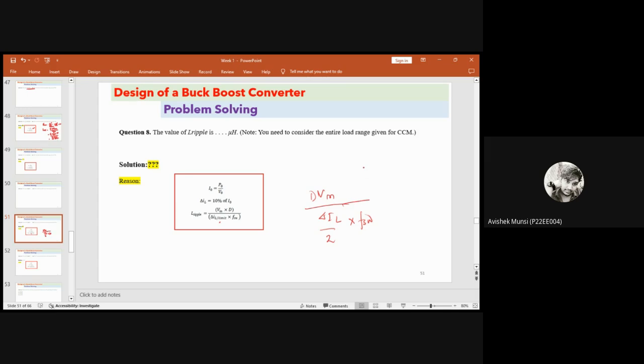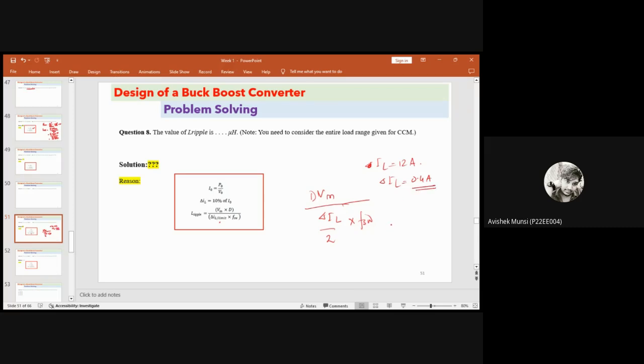One thing to remember, the IL is 12 amp, and 10% of it, so delta IL, we calculated as 0.4 amp.